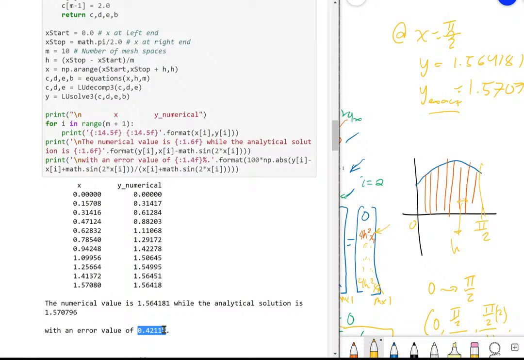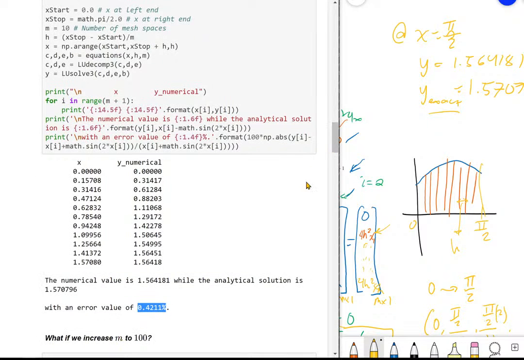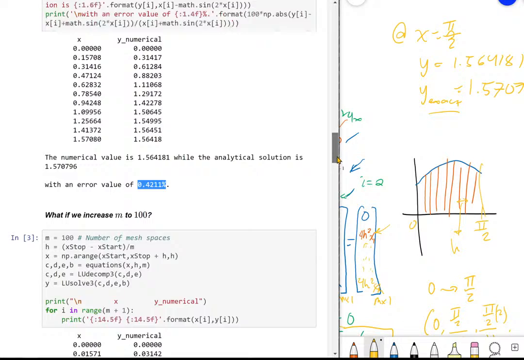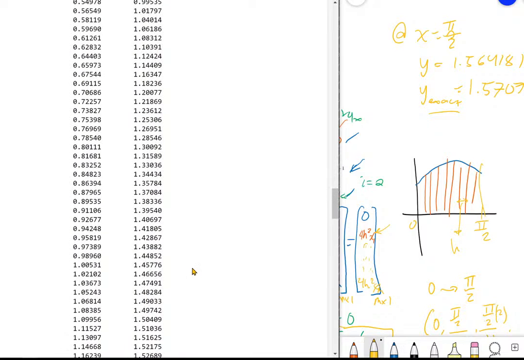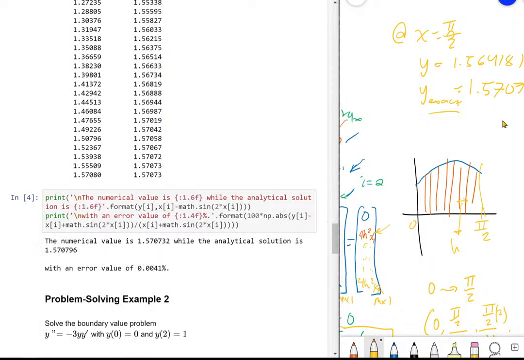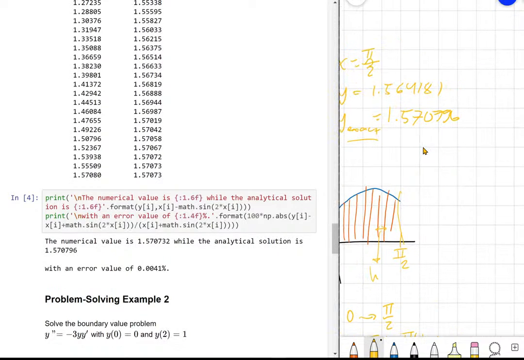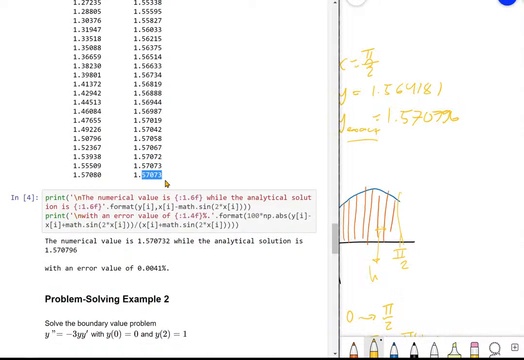but it depends on what kind of problem and what kind of system. Perhaps you need a smaller error value, so you need to increase the number of m, or panels. So instead of 10, you make it very thin. When we make m equal to 100, using the same steps, our result at x equal to 1.57 is 1.57073, which is very close to the actual result.